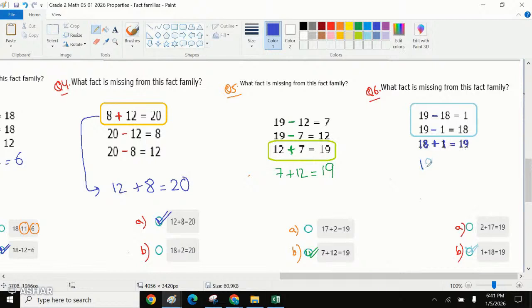Then the missing statement should be 1 plus 18 is equal to 19. That means even if we interchange their positions, the answer would not change, right? Okay. And we click on to option B. Let's see if it's correct. Yes, it is correct.